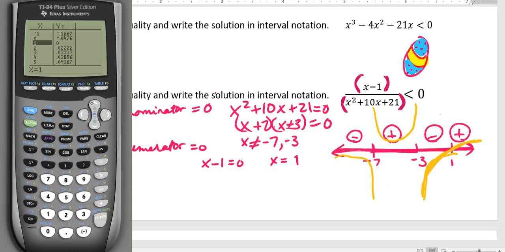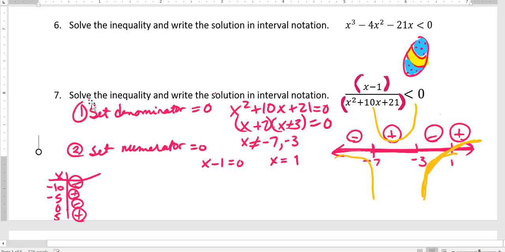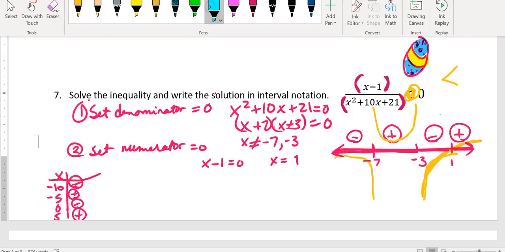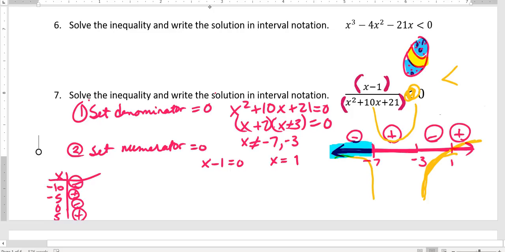So now, back to the way we did it earlier, we know that if we have the sign less than, we want places that are below the x-axis, the negative areas. Our solution would be negative from here to here, and from here to here.